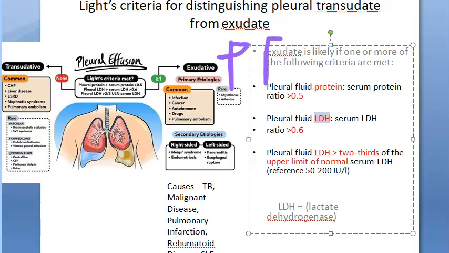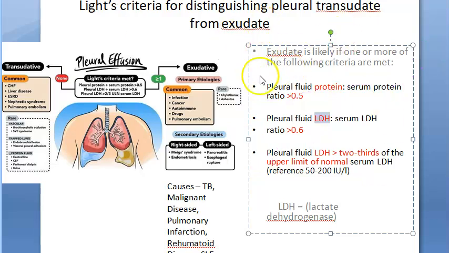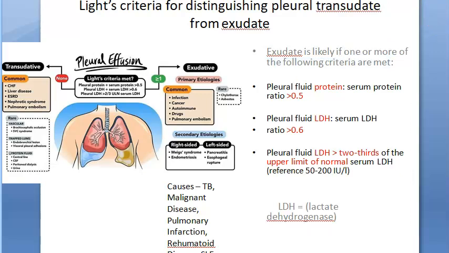Pleural fluid protein divided by serum protein is greater than 0.5. Let's go with 0.5 only, otherwise I would have said half. So protein is more. Any one or more criteria, then only it is exudative. So either protein is more or LDH is more.